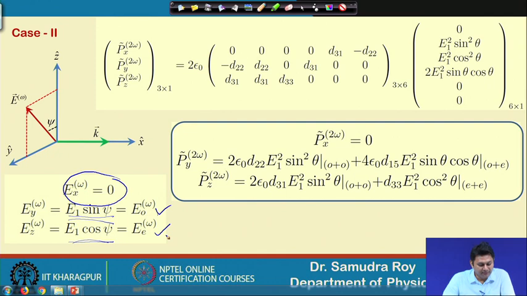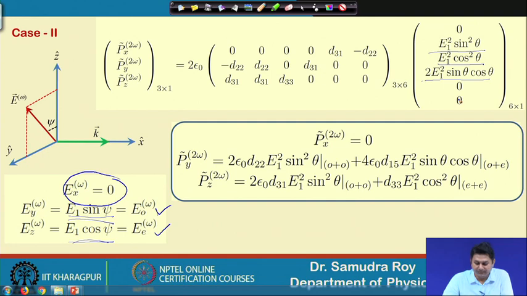So, once we have E x, E y, E z, the next thing is to find out my polarization. Now, you can see that there are many non-zero terms sitting here. E x was 0, E y was not 0, E z was not 0. 2 of E x E y, 2 of E y E z is not 0, but the other 2 terms are 0, because in both cases it involves the E x term.